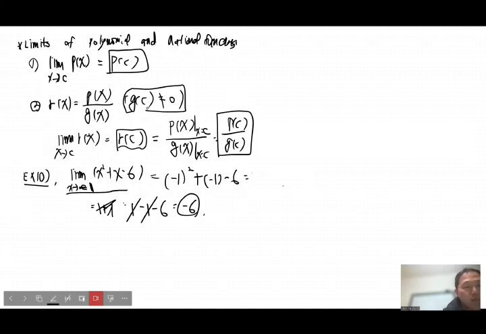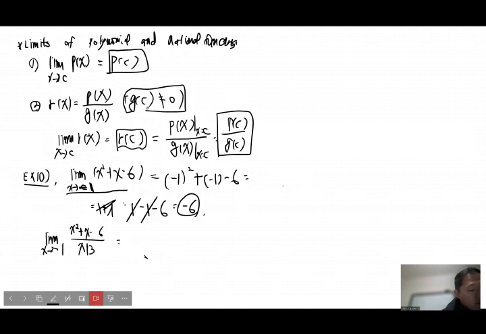So that will lead to minus 6. And now you want to look at the limit case of a rational function. The function is defined by x squared plus x minus 6 over x plus 3, for the case x goes to minus 1.